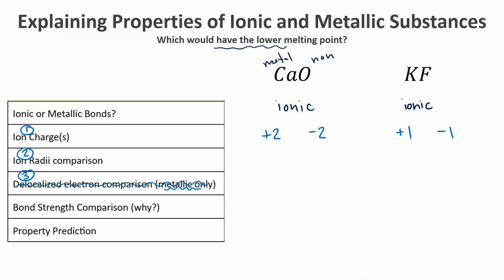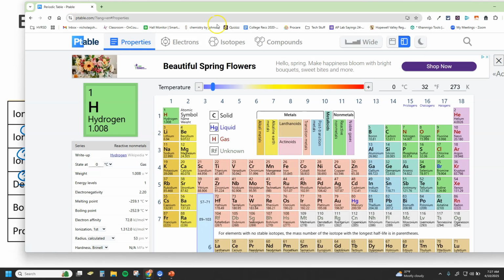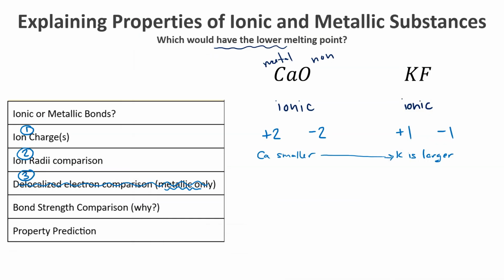So I'm just going to try to make some notes about those patterns here. So maybe first I'll write that calcium is smaller in comparison to potassium, so those 2 are related to each other. At the same time, oxygen compared to fluorine, oxygen is actually further to the left. So if that pattern holds, because it usually does, oxygen is going to be a little bit larger than fluorine, so we'll make a note of that.